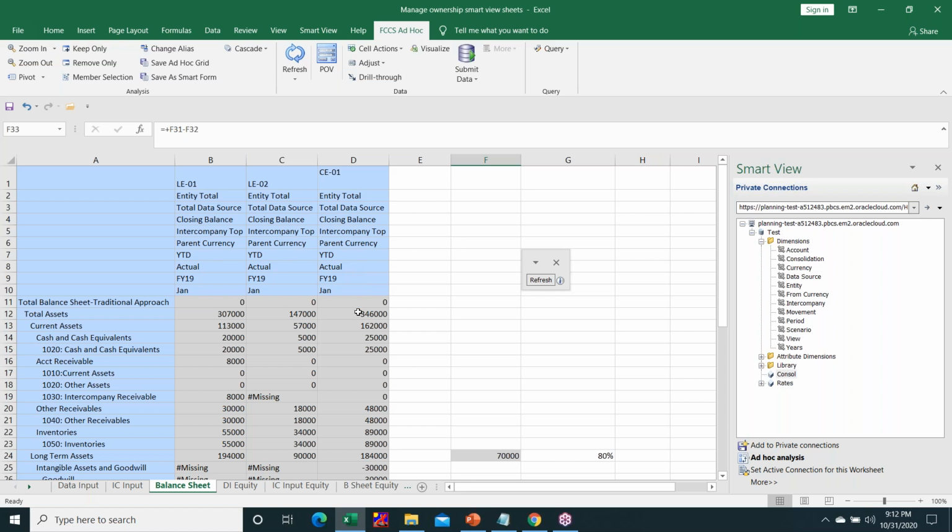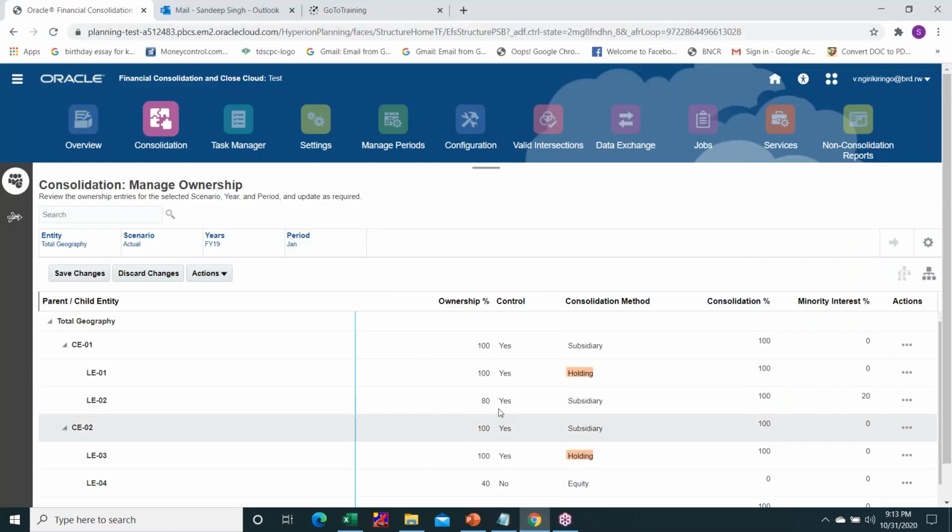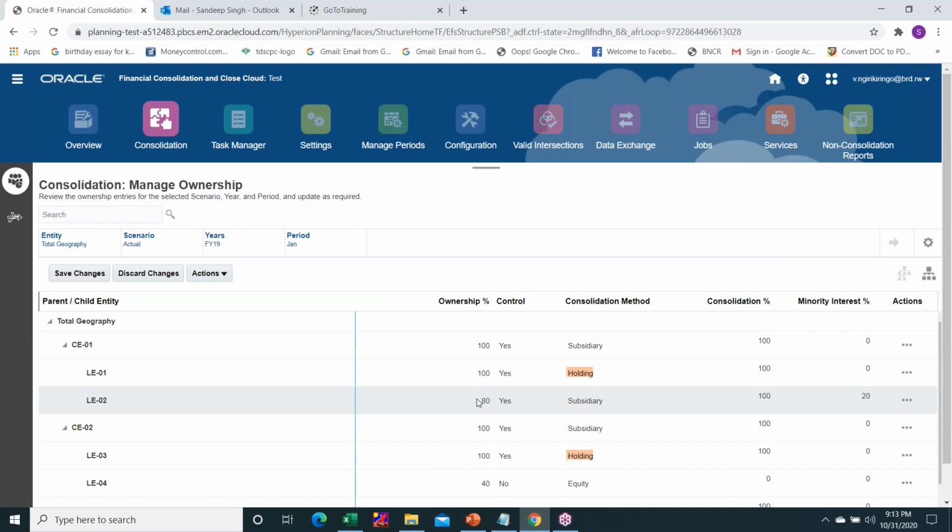Now we are talking about the equity method of consolidation. The same set of numbers we have inputted for the subsidiary method of consolidation, now we will look at the same numbers within the equity method of consolidation. The only difference between the prior method and this method is that earlier we had the ownership by 80%.